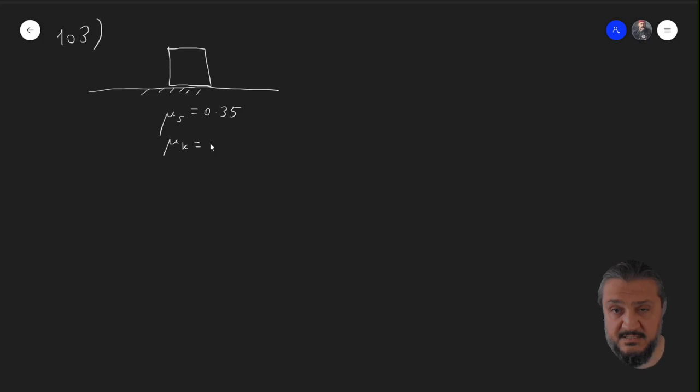Mu kinetic is 0.22. And the mass of the block is 4.6 kilograms. And it is initially at rest. V initial, VI, is 0. At rest.